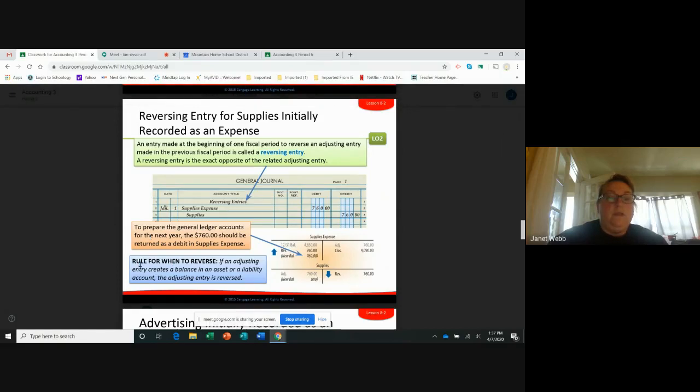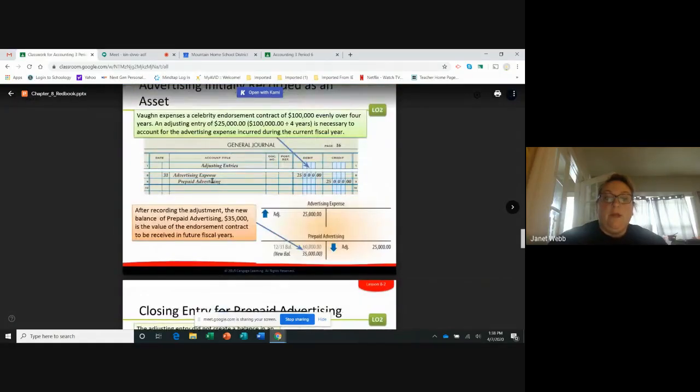It says the rule for when to reverse: if an adjusting entry creates a balance in an asset or a liability account, the adjusting entry has to be reversed. On this one, it created a balance in our adjusted account, so we had to reverse it. Same thing here with prepaid advertising and advertising expense.